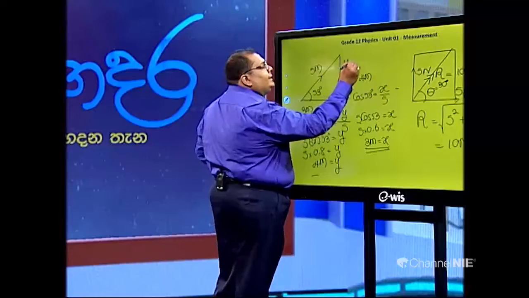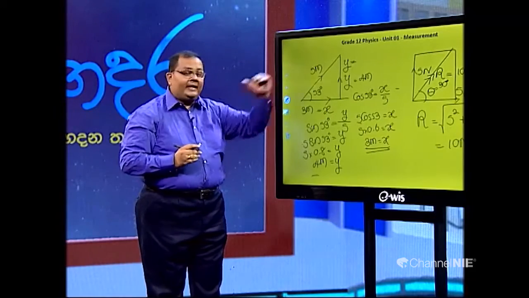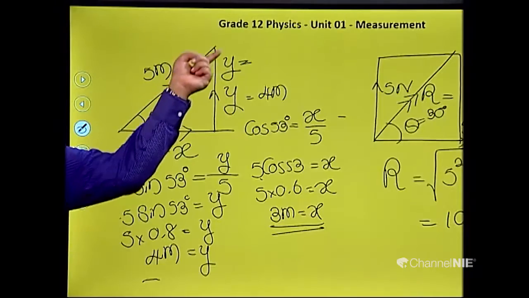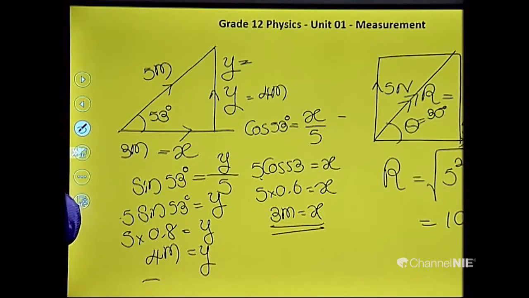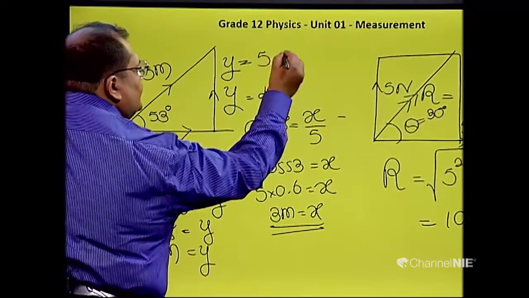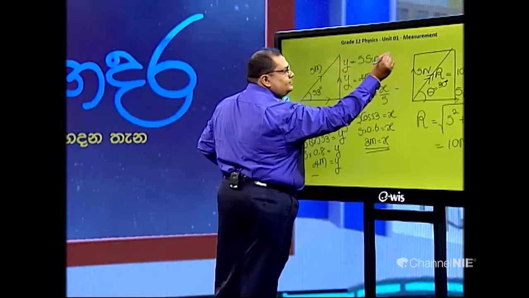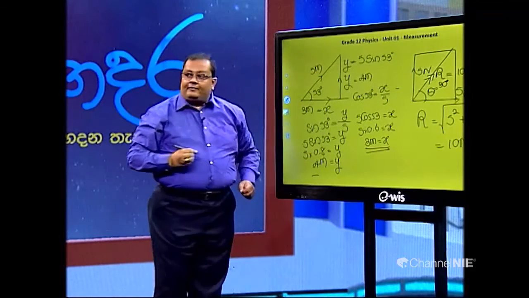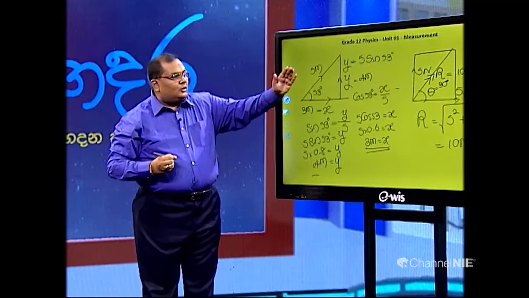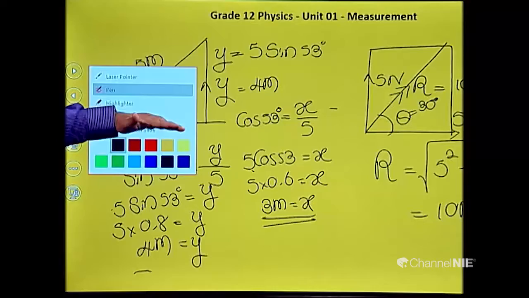Therefore, the y component, the vertical component of this main vector, is 5 into sin 53, opposite sine. In the direction of the angle, cos: 5 cos 53.